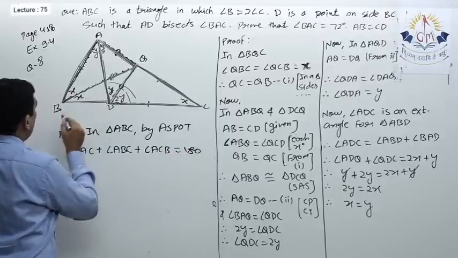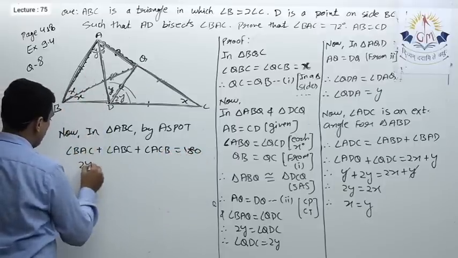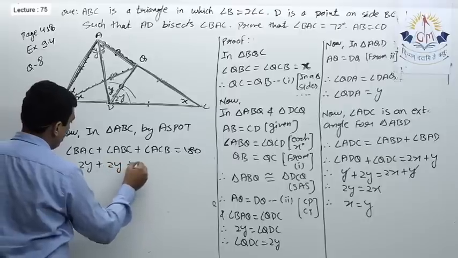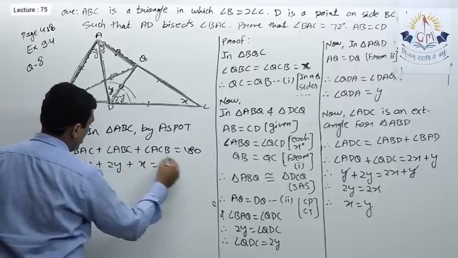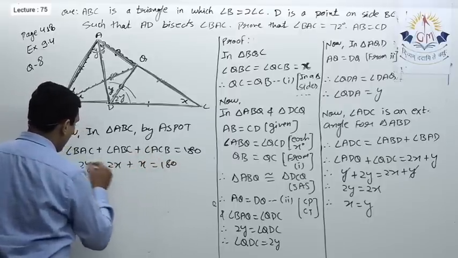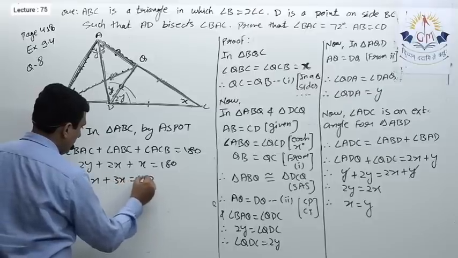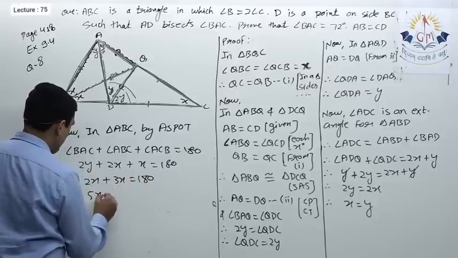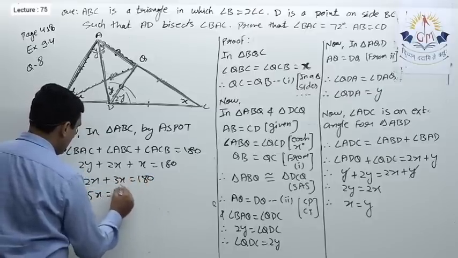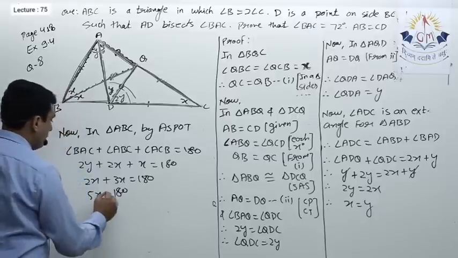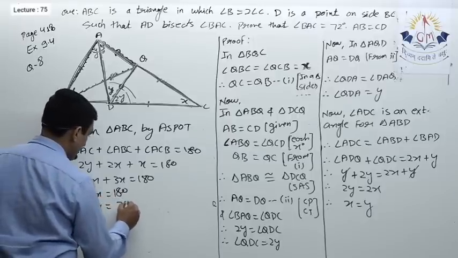So angle BAC is 2x, plus 2x plus x is equal to 180, y equal to x, so 2x plus 3x is equal to 180. So 5x is equal to 180 degrees. This x is equal to 36.